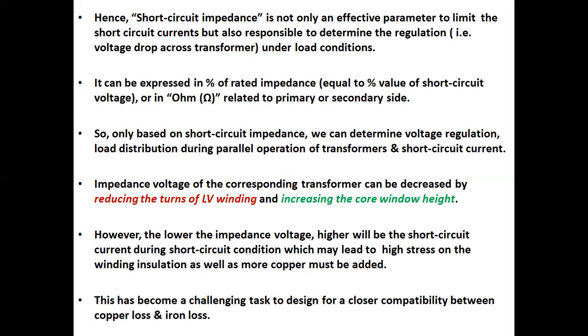However, the lower the impedance voltage, the higher will be the short circuit current during short circuit condition, which may lead to high stress on the winding insulation, and more copper must be added. This has become a challenging task to design for a closer compatibility between copper loss and iron loss.